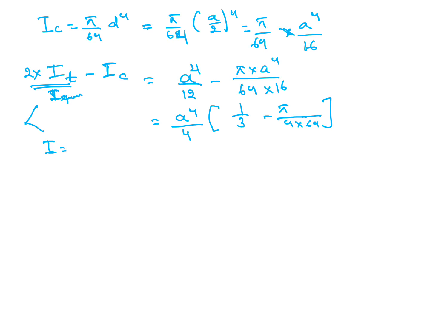So that cross section moment of inertia, it will come 4 into 256 minus 3 pi by 4 into 3 into 64.